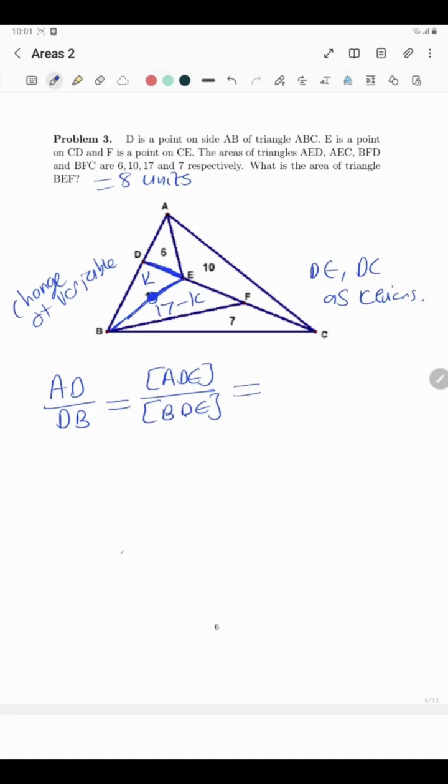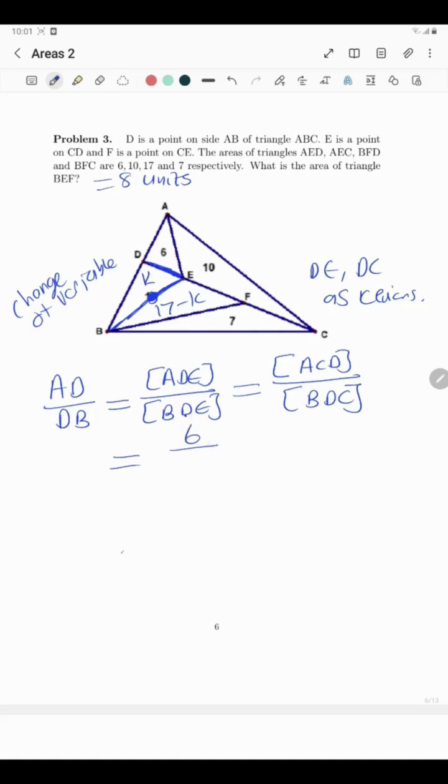In a similar fashion, I can also say that DC is a cevian of triangle ABC. So AD divided by DB will be the area of triangle ACD divided by the area of triangle BDC. Now, ADE is given as 6.